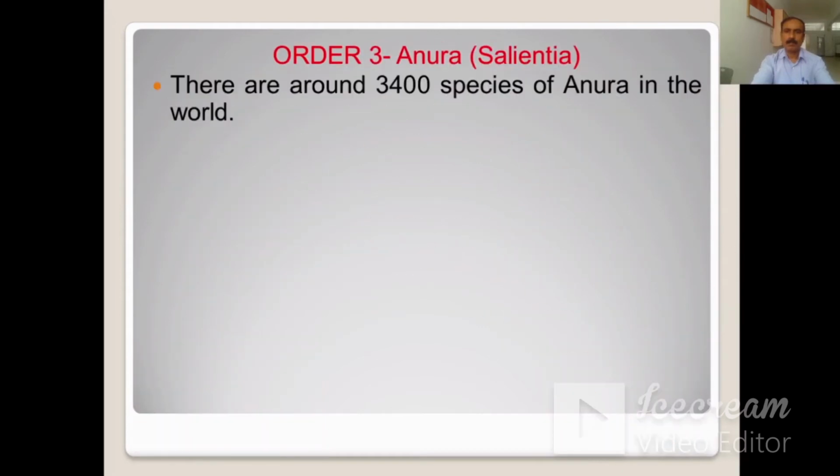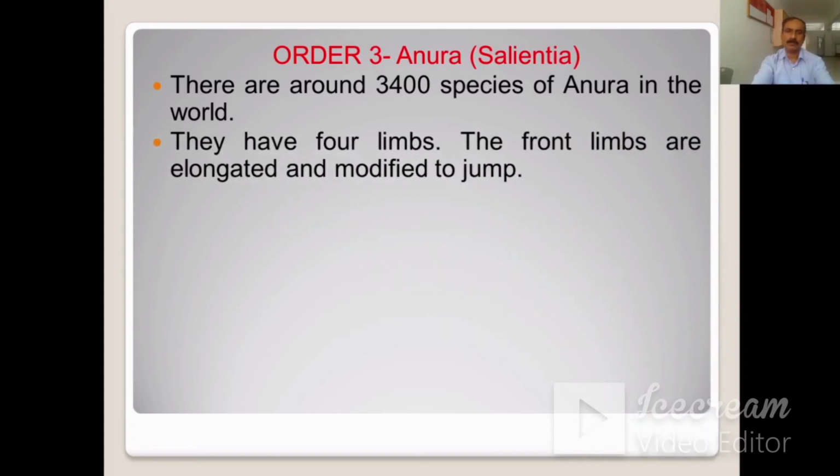This is order number 3, that is Anura, or it is also called Salientia. There are about 3,400 species of Anura in the world. They have four limbs. The hind limbs are elongated and modified to take the jump.